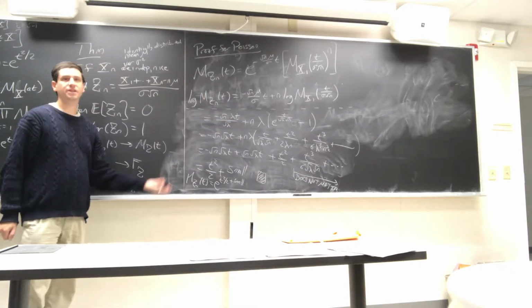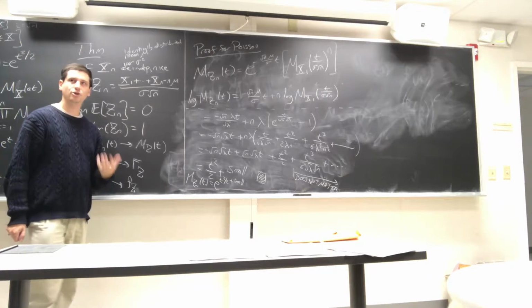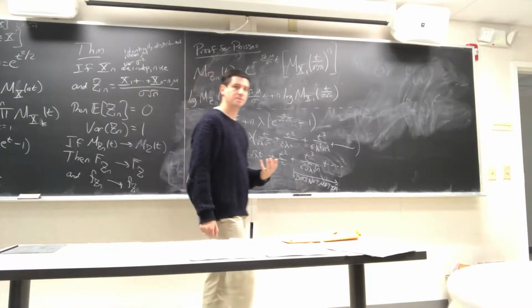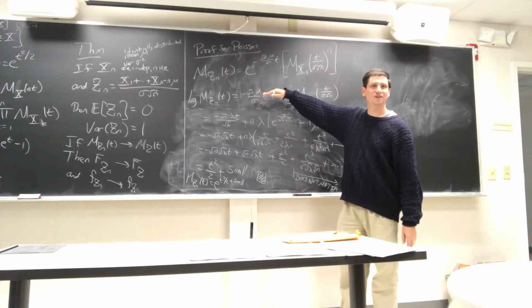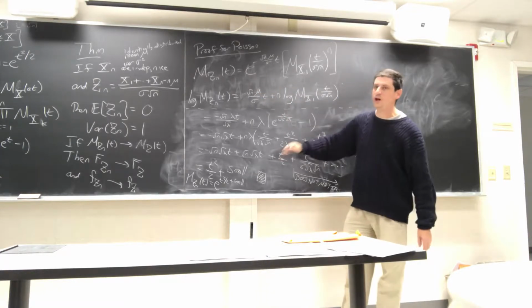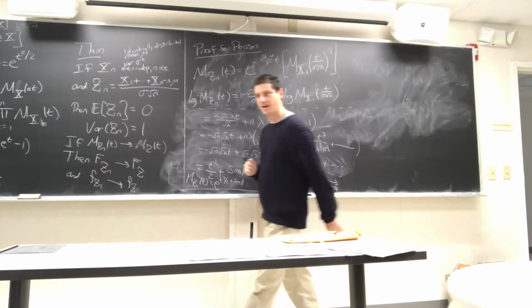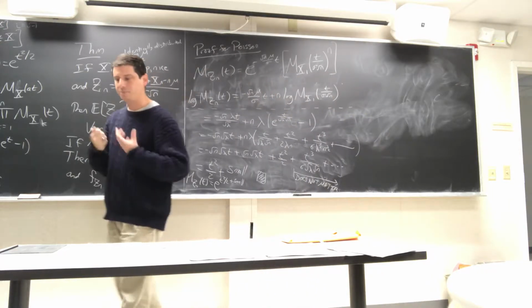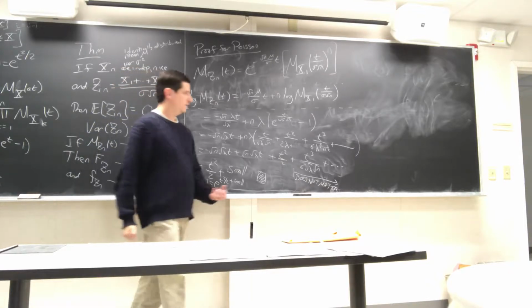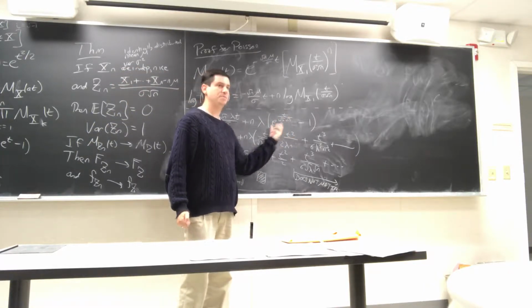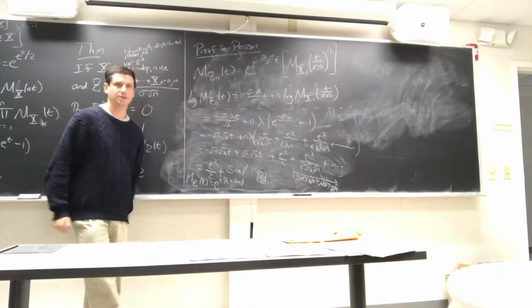So this is the proof in the case of the Poisson random variable. Up to here, it was perfectly general. Only from this point onward did we then start to use the fact that we have a Poisson random variable, we know its moment generating function. And we got that the moment generating function had a beautiful expansion and everything canceled perfectly.